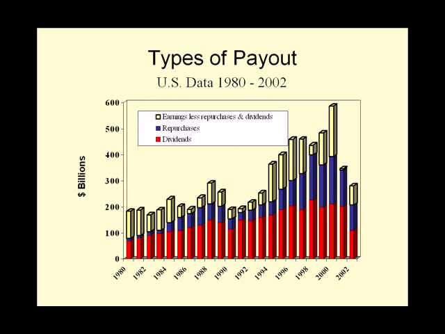Here's the distribution of types of payout over the past 20+ years by U.S. corporations. The top of each bar indicates total earnings. The red portion indicates cash dividends.